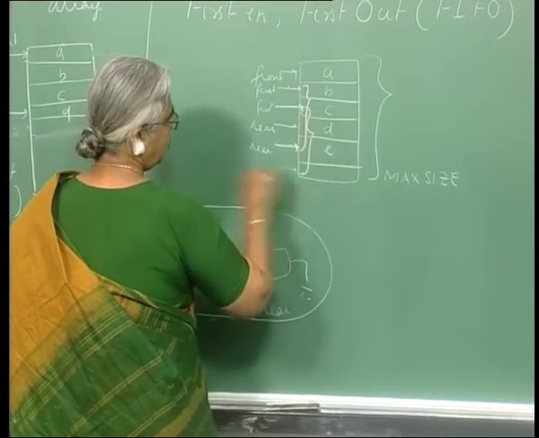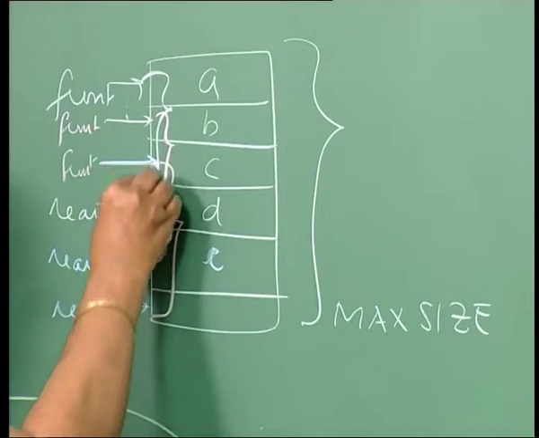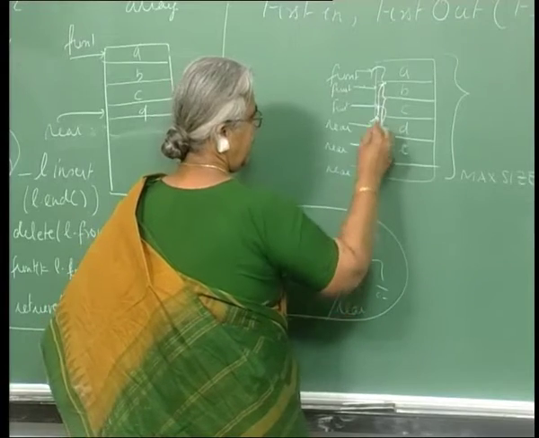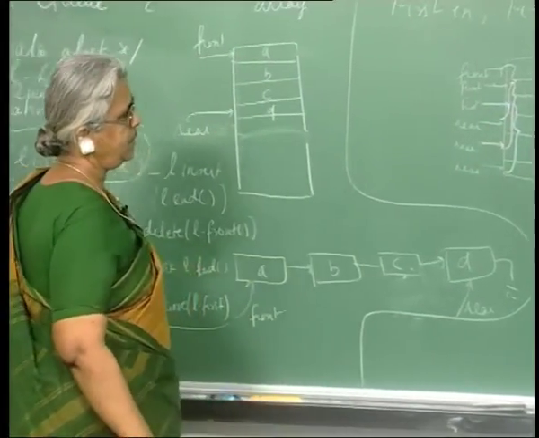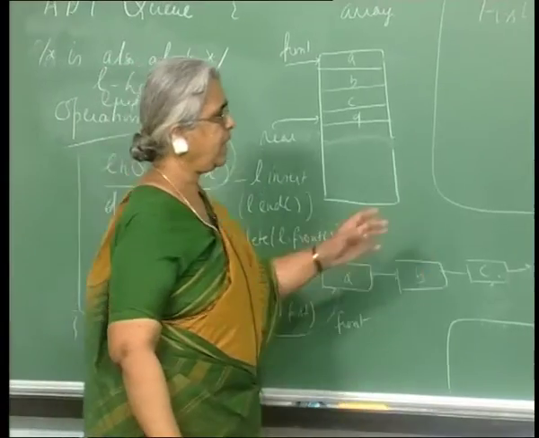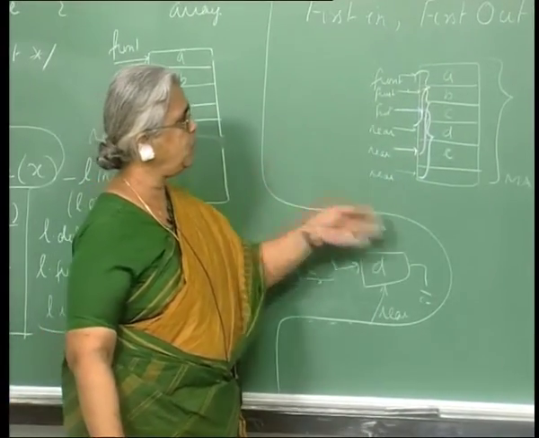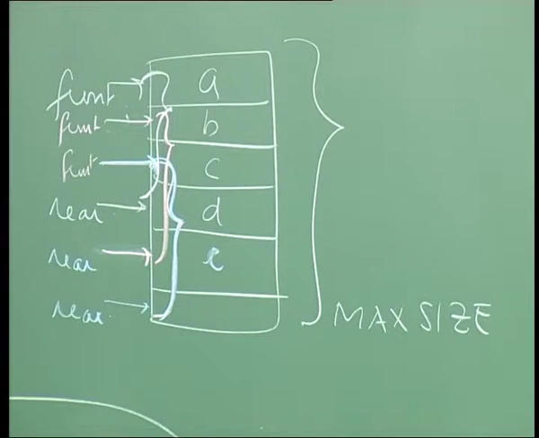If I am looking at blue, the queue is found between front and rear, and similarly the whites give me the queue between front and rear. But the basic problem with this kind of array implementation of a queue is that very quickly you will exhaust the size of the array. Suppose I keep on dequeuing elements, then the front comes over here and then I cannot add any more elements. This is not a good idea.